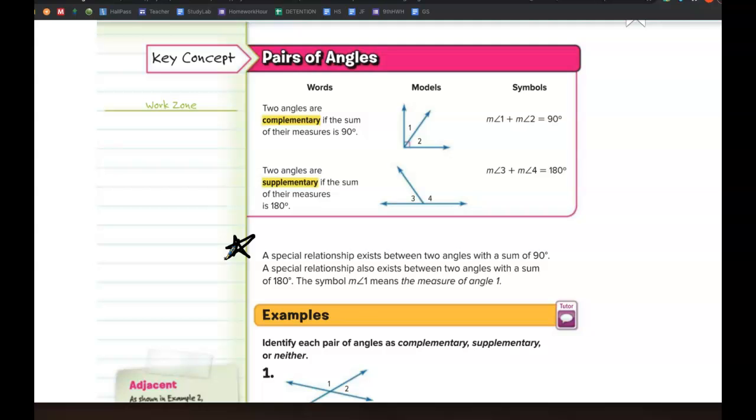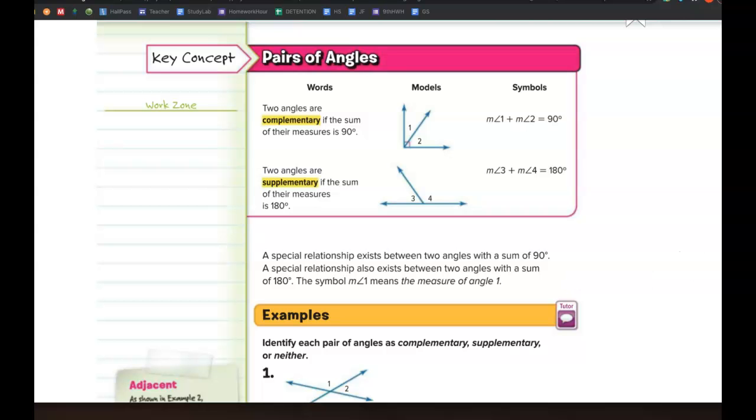The symbol m and then that sign 1 means the measure of angle 1. Equals, you could say, 30 degrees. That is how the book will denote the measure of an angle, and the number will tell you specifically what angle they are giving you.